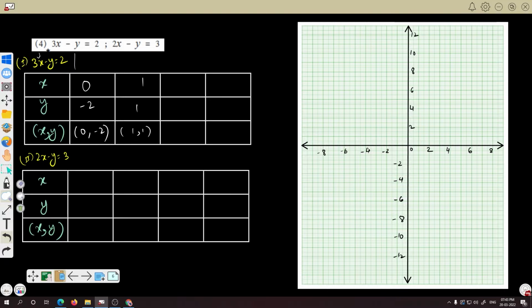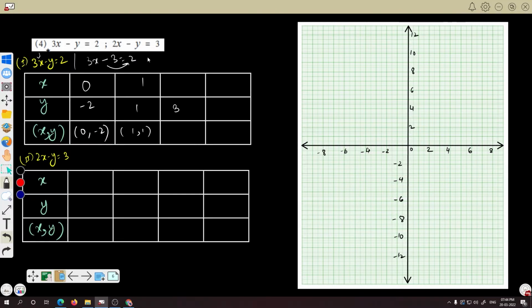Now we need to find one more point. For that, if I take y as, let's say, which value will help. I'll go with 3. If I take y as 3, let's check what happens. 3x minus 3 is equal to 2.